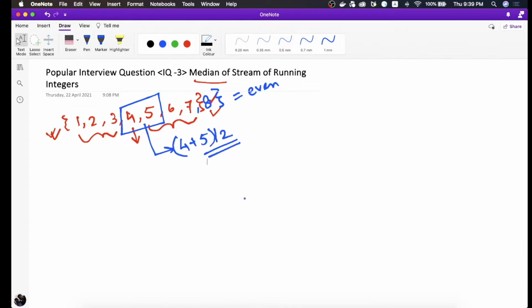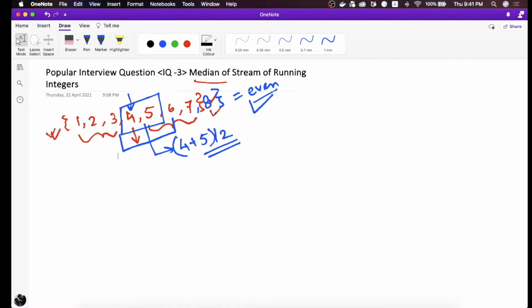Hopefully this clarifies what the median of a set of numbers means. If the size of the array is odd, the median will be the middle number, and if the size of the array is even, the median will be the average of the middle two numbers, provided that the array is in sorted order. So this is the basic mathematical calculation of how to find the median of a particular array.